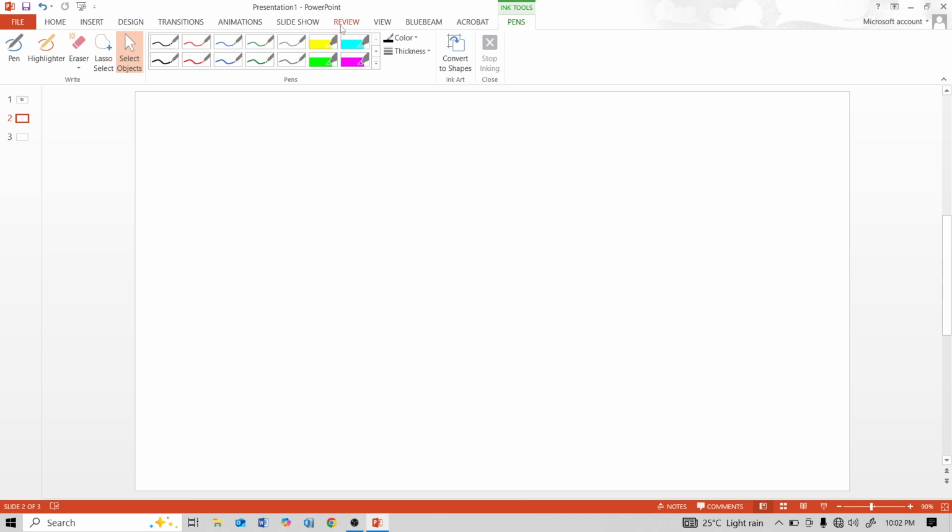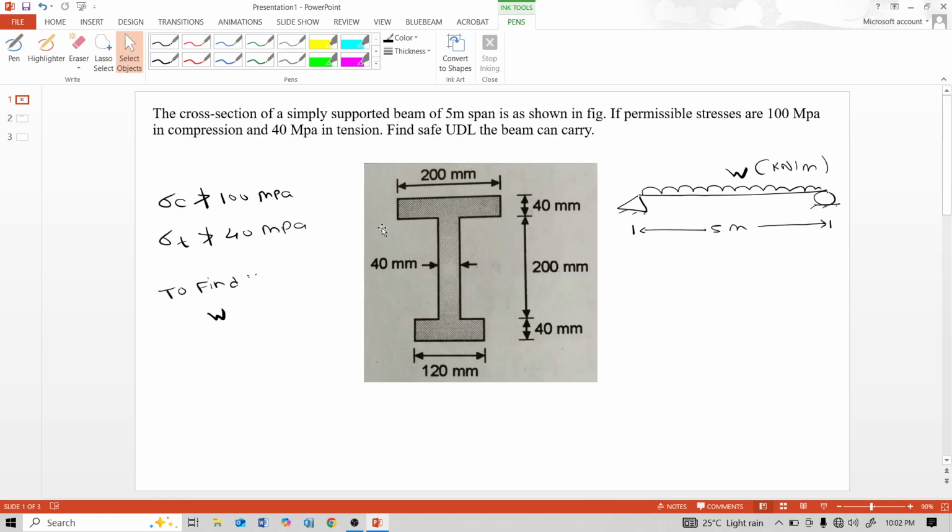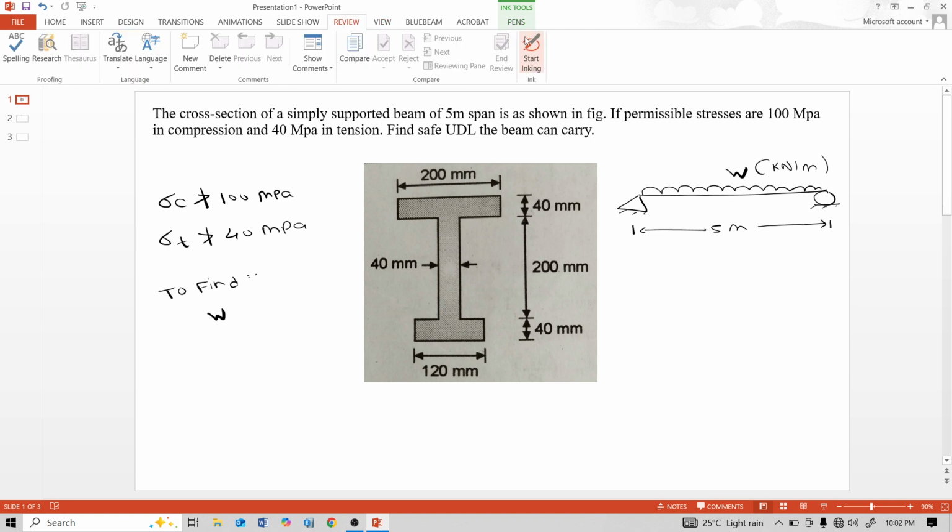First step is the position of neutral axis. See, this I cross section is symmetrical about the y axis.